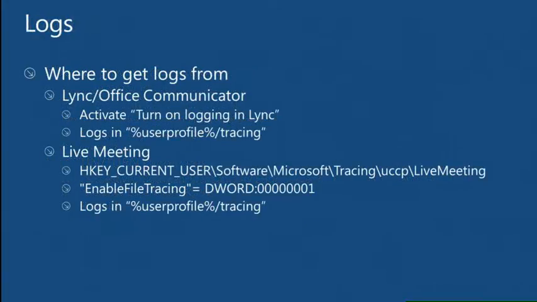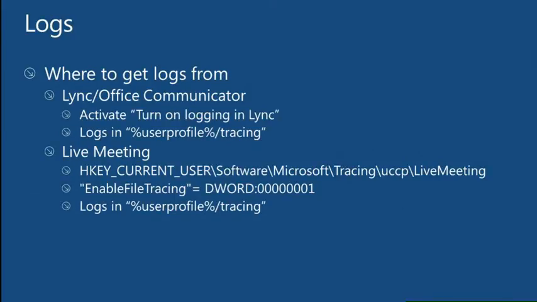Where can you find these logs? If we talk about Lync or Office Communicator, go to the options and turn on logging in Lync, or in Communicator, and the logs will be found in the user profile in the tracing folder.